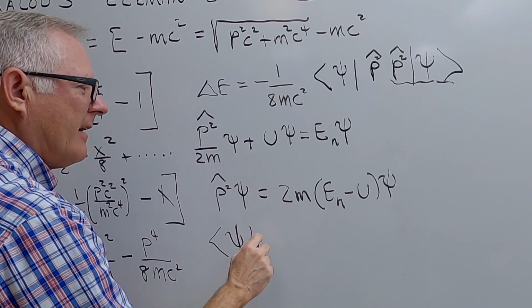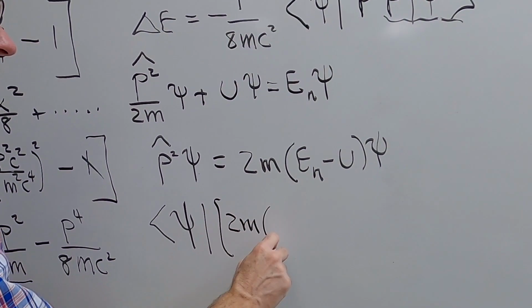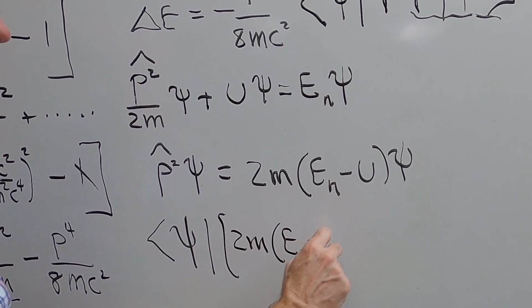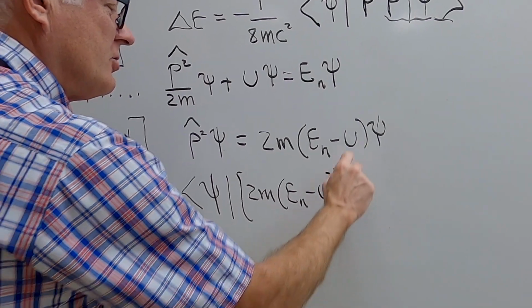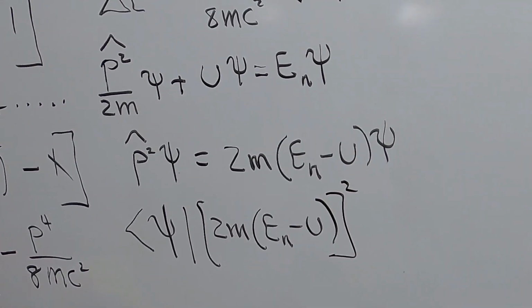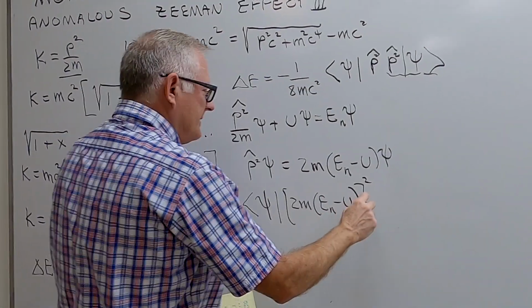So we just have 2m E sub n minus u, and everything in here is squared, because each p squared is going to give me another one times psi.